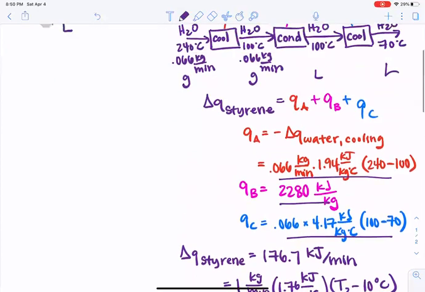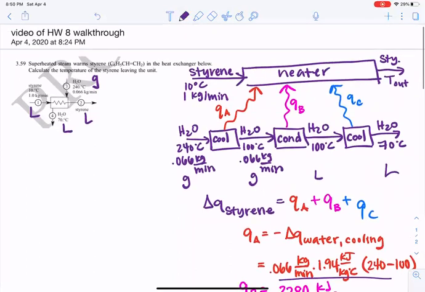Okay, so like I mentioned, this method totally works, and if this makes sense to you and is how you want to solve it, then be my guest. I personally find this a little bit confusing. I find the signs confusing of should QA be positive or negative? How should I deal with that? And I just don't like doing the extra work of drawing an extra process flow diagram every time.